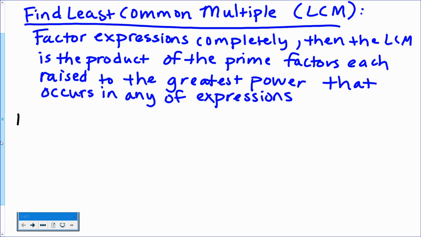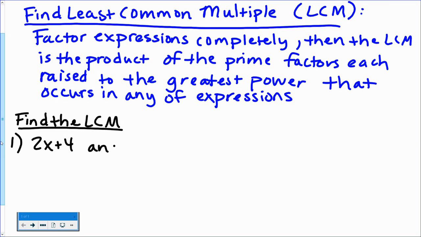So if I'm asking you to find the least common multiple, and my expressions are 2x plus 4 and x squared minus x minus 6.